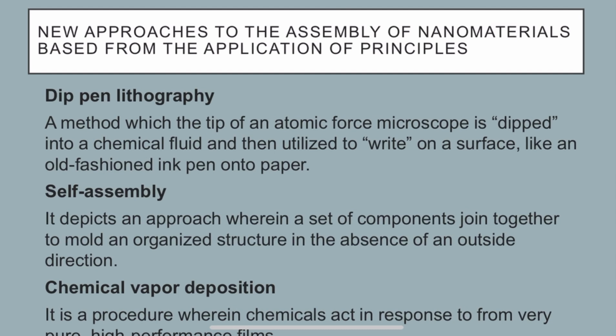Next is new approaches to the assembly of nanomaterials based from the application of principles. First is yung dip pen lithography. So it is a method in which the tip of an atomic force microscope is dipped into chemical fluid and then utilized to write on a surface like an old-fashioned ink pen onto a paper.